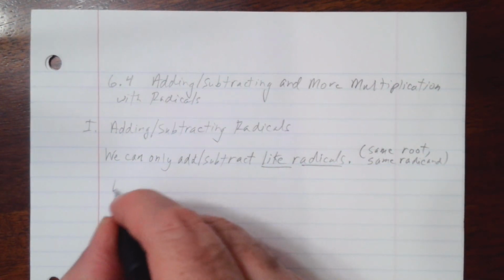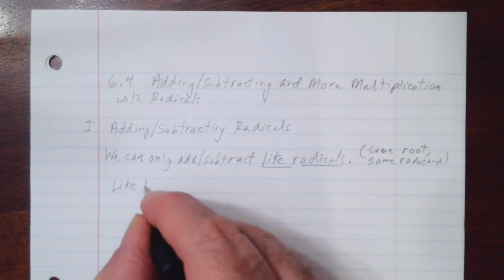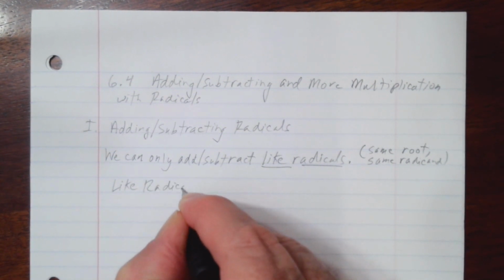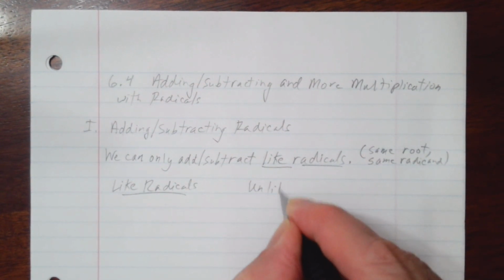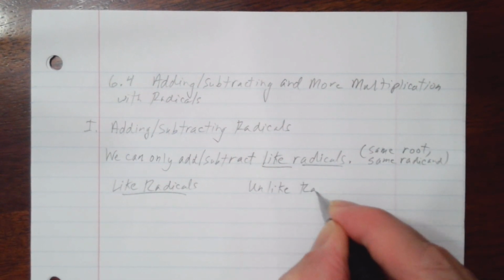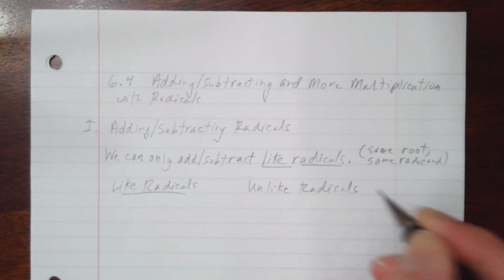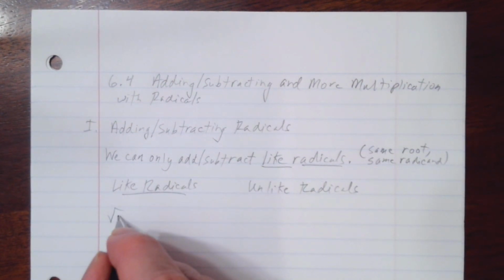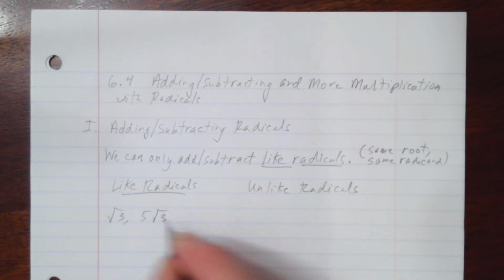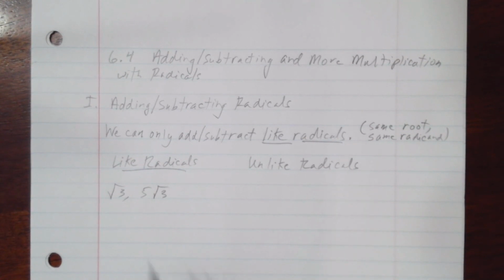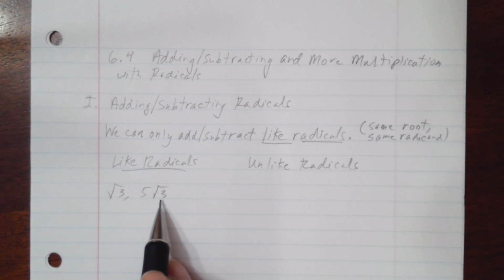Alright, so let's look at some examples of like radicals and some unlike radicals. So first of all, for like radicals, square root of 3 and 5 square root of 3. These are like radicals because they're both square roots and they both have the same number under the radical, which would be 3 in this case.